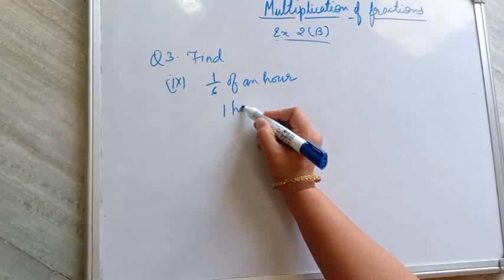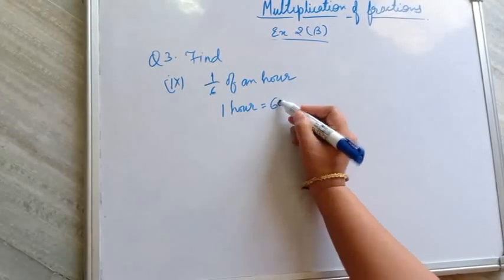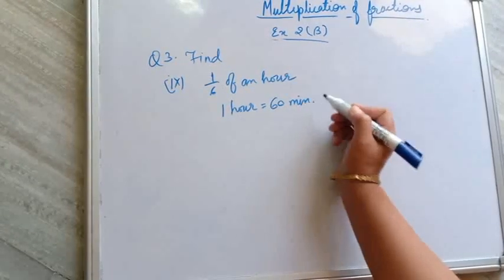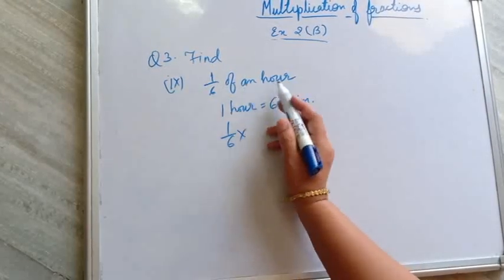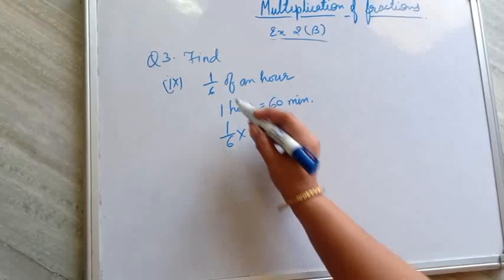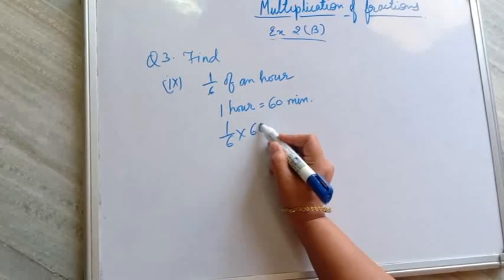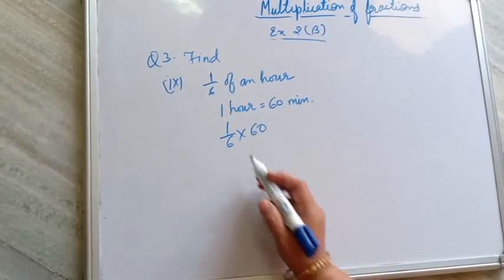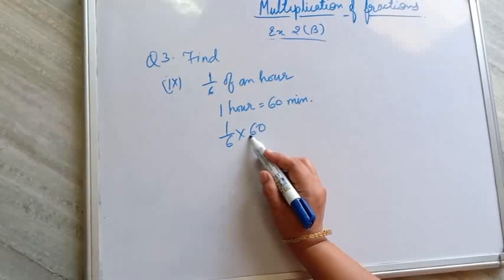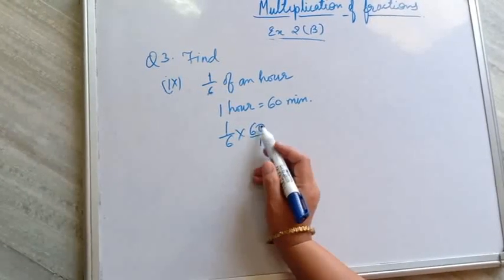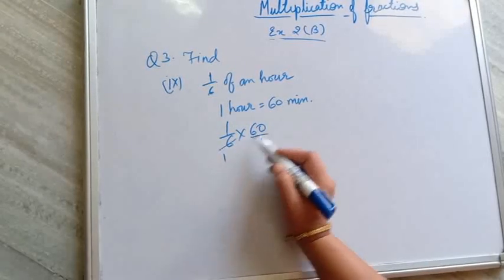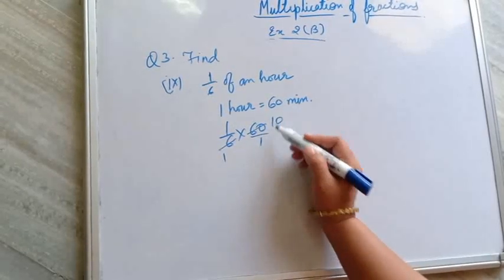1 hour is equal to 60 minutes. So 1 by 6 multiplied by, of means product, multiplication sign will be there, of 60. Now we can write as 60 upon 1. This can be cancelled. 6 1s are 6, 6 10s are 60.